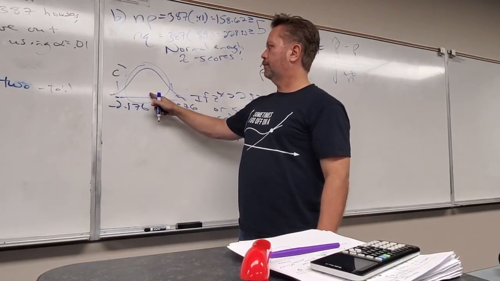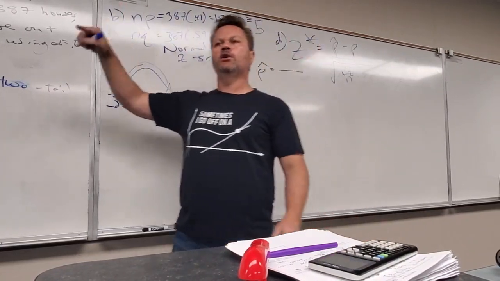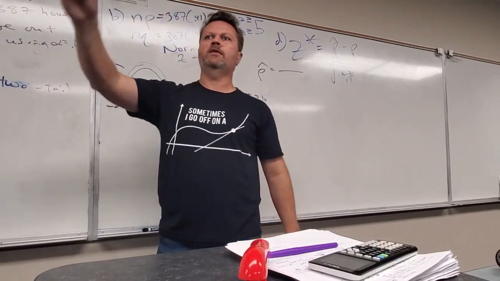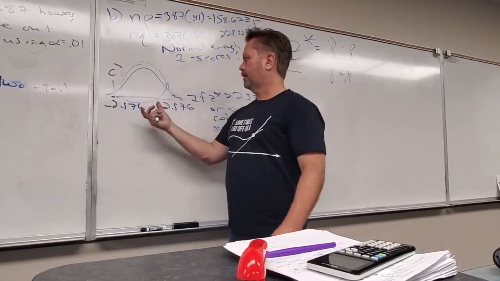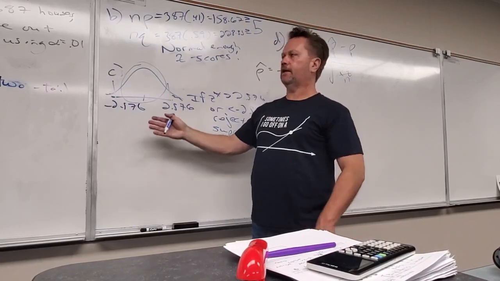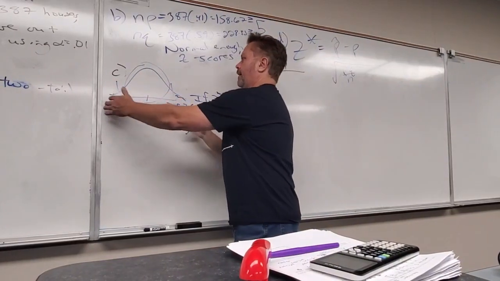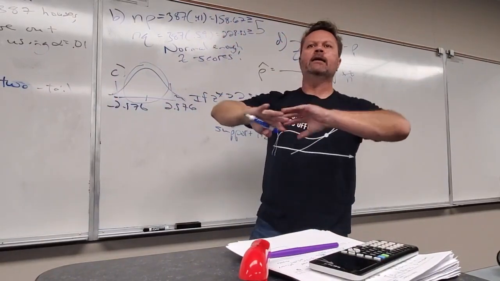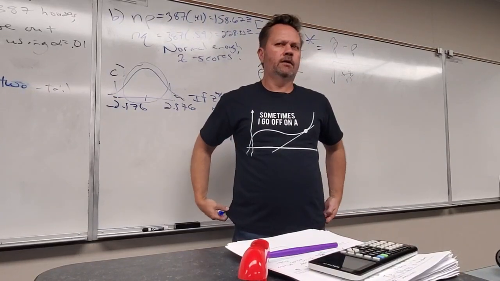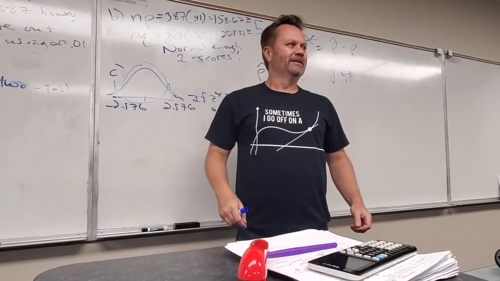Therefore, if we get outside of there, it only makes sense that this guy looks wrong, because he thinks it should have shown up in there, correct? Most samples should show up in here if that's the real mean, or in this case, the real percentage. If I get something really far off from that, it's more likely that's not the real center, right? Does that make sense? No? Okay, shoot. All right.